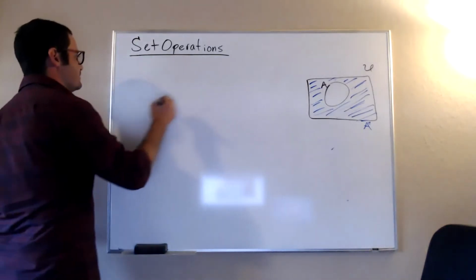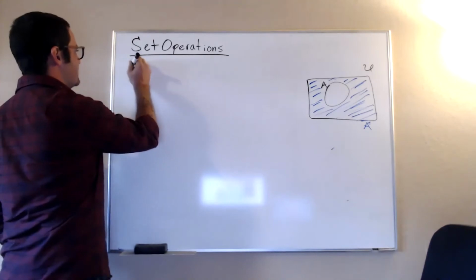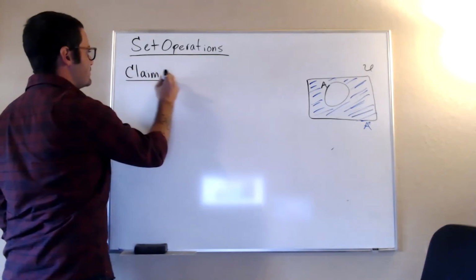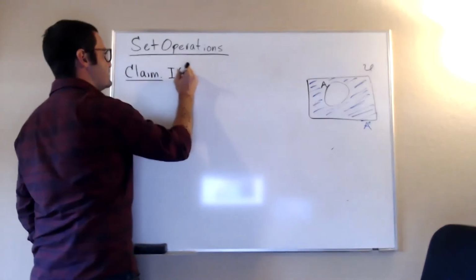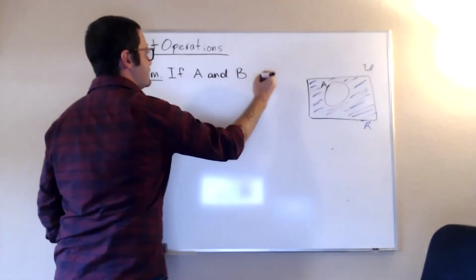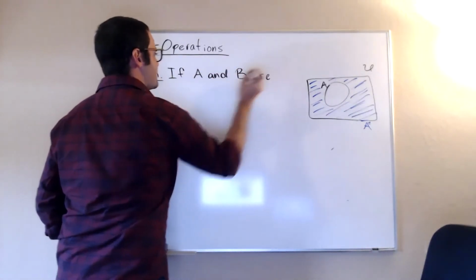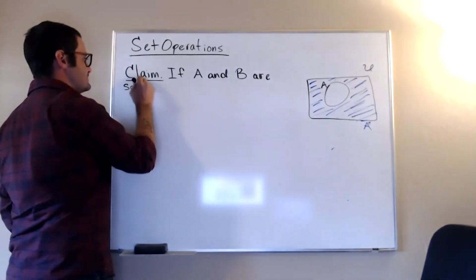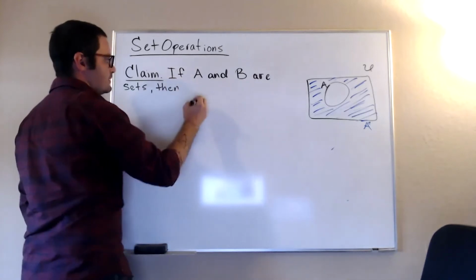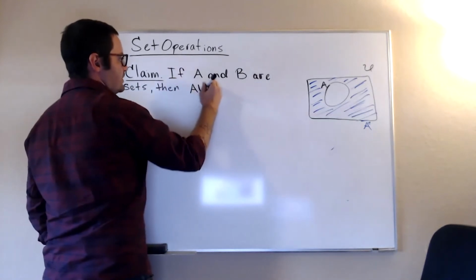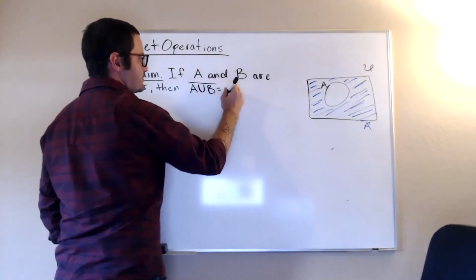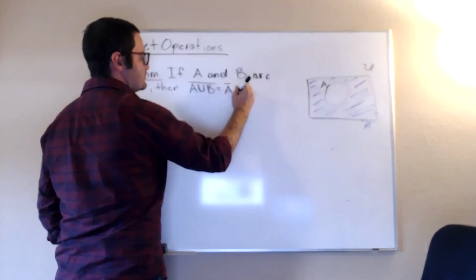Okay, so I have a claim and a proof. So if A and B are sets, then the complement of A union B is equal to the intersection of the complements.